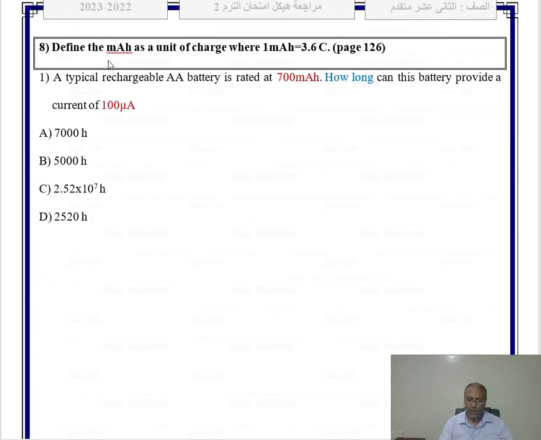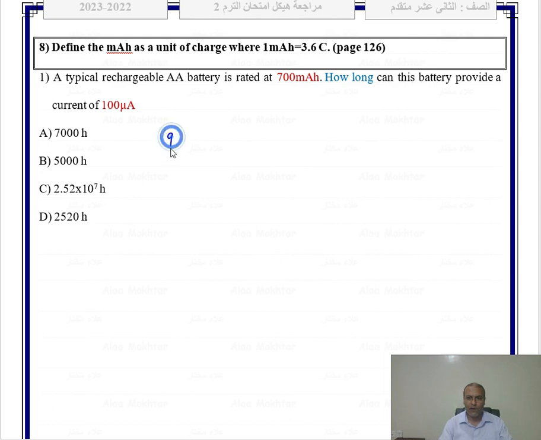Number 8, define the mAh, milliampere hour, as a unit of charge, where 1 milliampere hour equals 3.6 coulomb. Milliampere hour is a unit of charge measured in coulomb, and if we need to convert from milliampere hour to coulomb, multiply by 3.6. A typical rechargeable AA battery is rated as 700 milliampere hour.